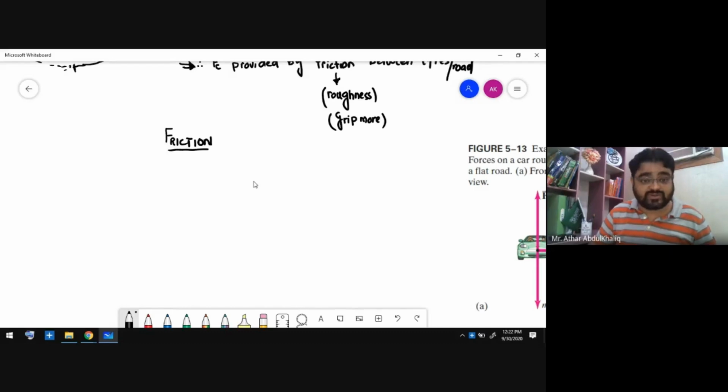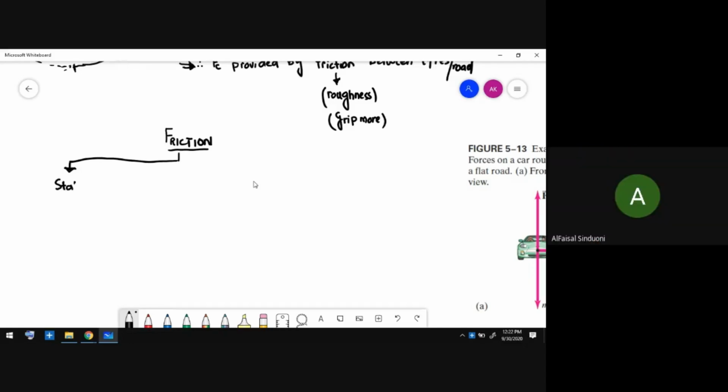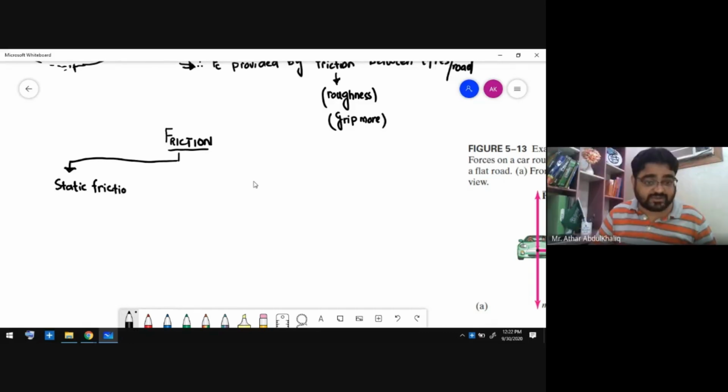The first type of friction, between the tires and the road, is called static friction. I will explain this, just give me a minute. Static friction, and symbolically we use Fs for it. And the other friction is called kinetic friction, which is represented by Fk.